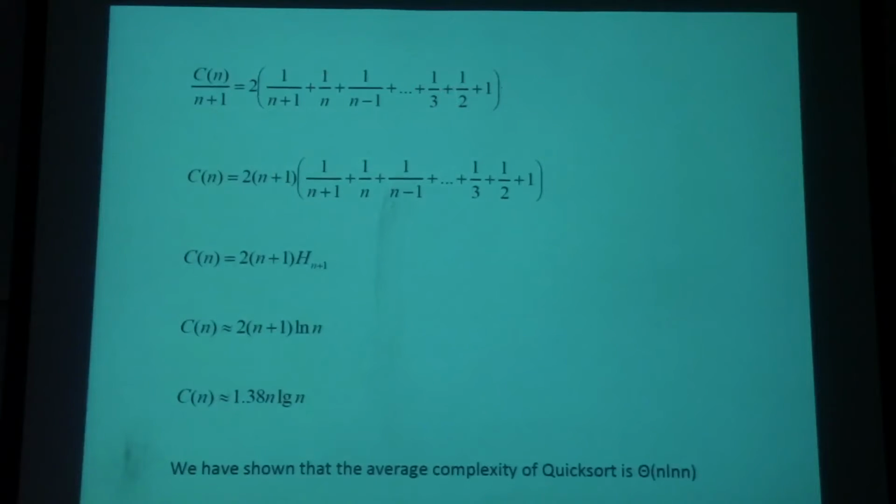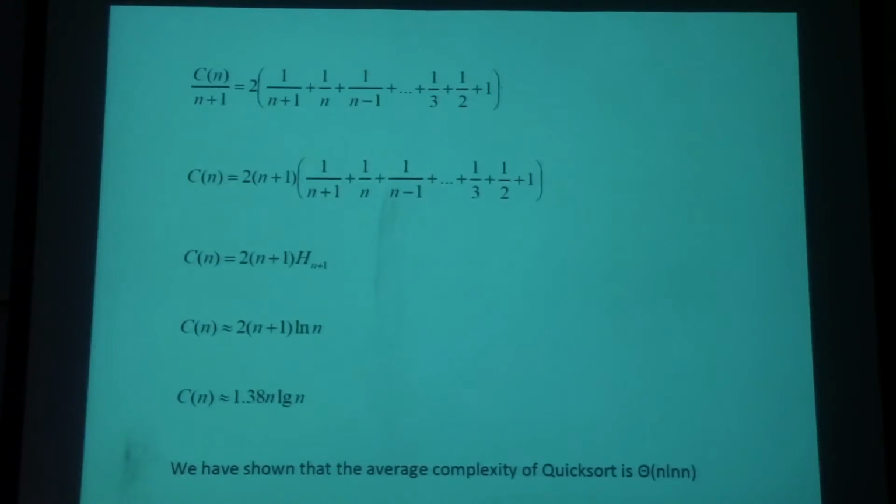So now, what we're going to do is multiply by the denominator of the C of n, which is n plus 1, and we get C of n is equal to 2 times n plus 1 times this harmonic progression. But we know the harmonic progression can be written as H of n plus 1 in notational standpoint.